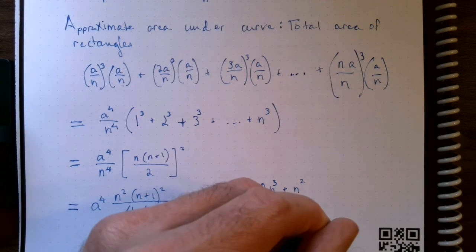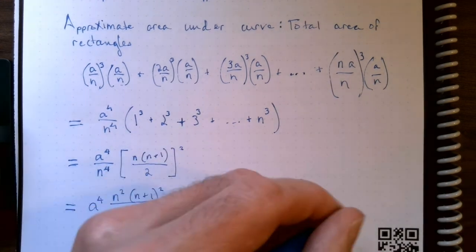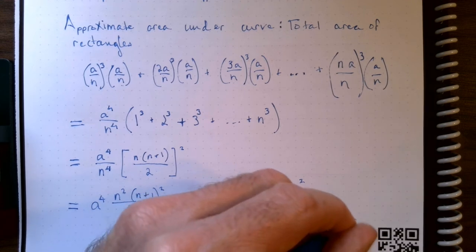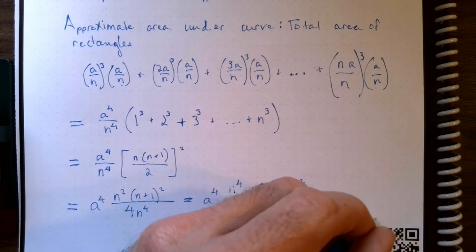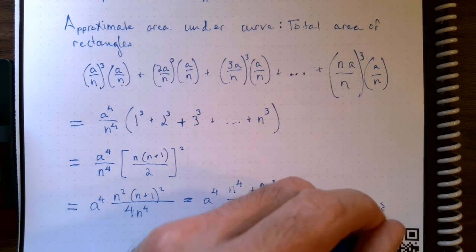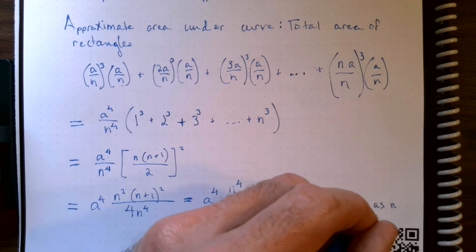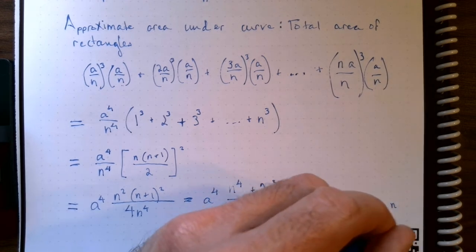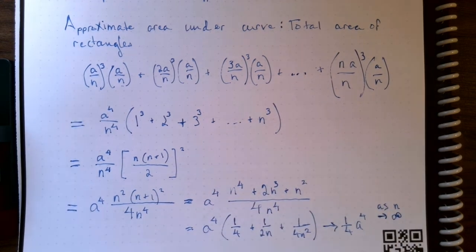And this tends to 1/4 a to the 4th as n goes to infinity. Okay, and that's of course what Wallis would have cared about.